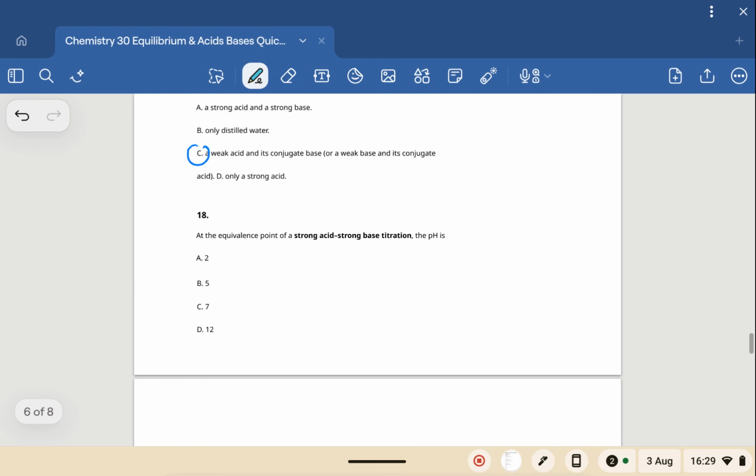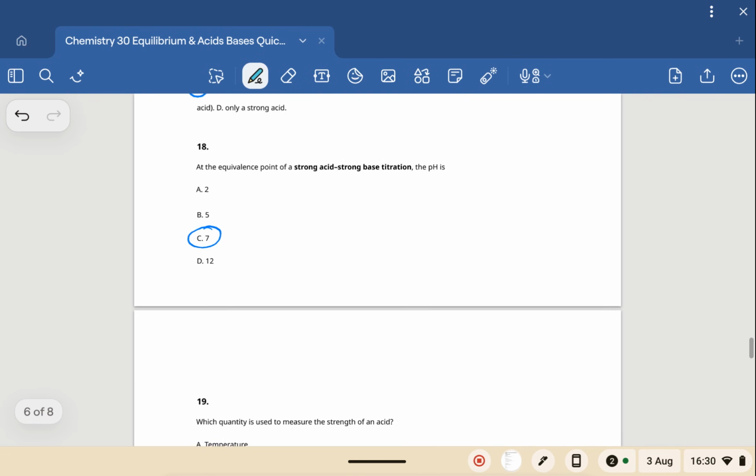Number 18, the equivalence point of a strong acid with a strong base is going to be 7. If you're mixing it with a weak base and a strong acid, that changes your equivalence point. Same thing if you have a weak acid and a strong base. So just knowing those 3 particular pHs for the equivalence point.